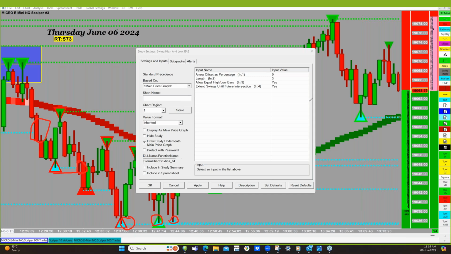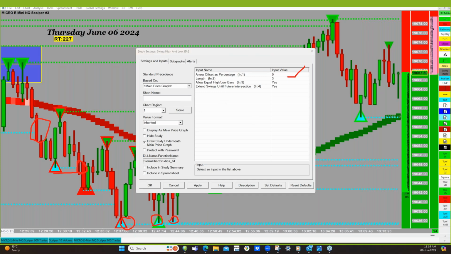All right, so the setting is on a 3. And what that means is after 3 candles, the indicator is placed. You can have it on a 1, but you're going to have a lot of clutter on your chart. Okay, so I'm using a 3. Let's see if I can erase these.